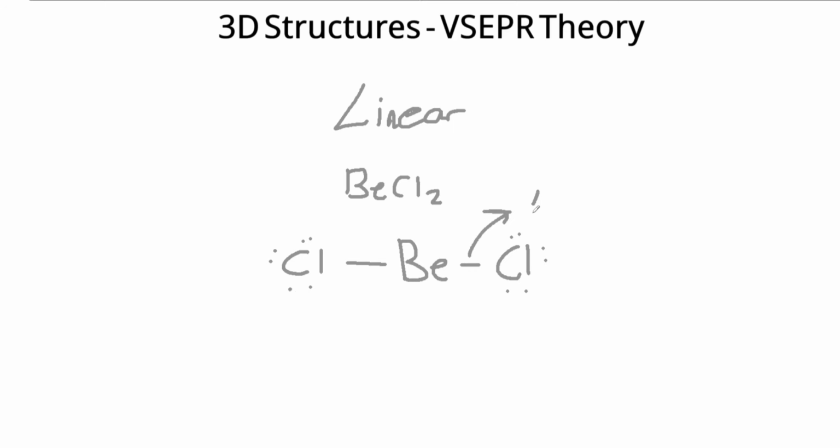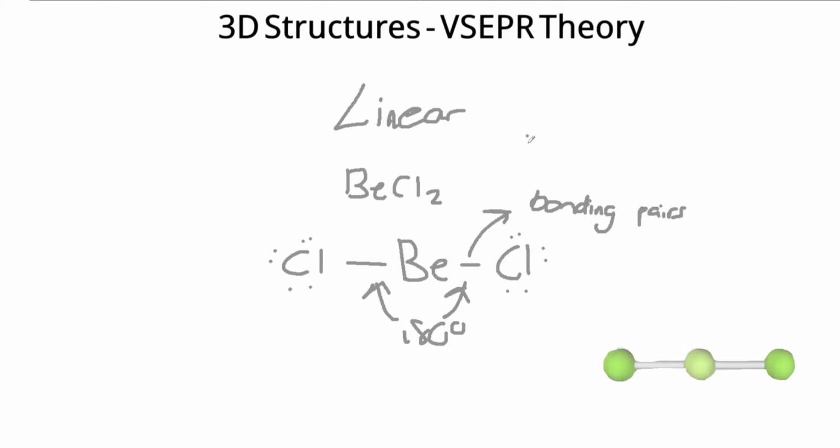These are your bonding pairs. And then lone pairs, you don't have lone pairs as beryllium only needs two bonds. So with no lone pairs and two bonds to the center atom, it forms a linear shape.